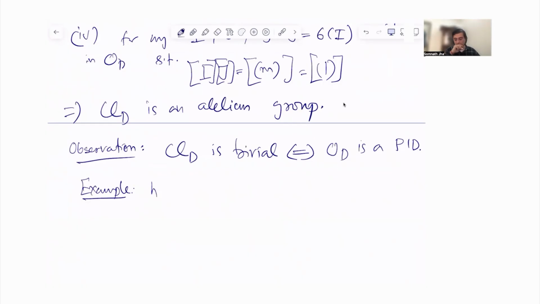So example, maybe the class group of Q root D. If you take D equal to minus 1, it's trivial.